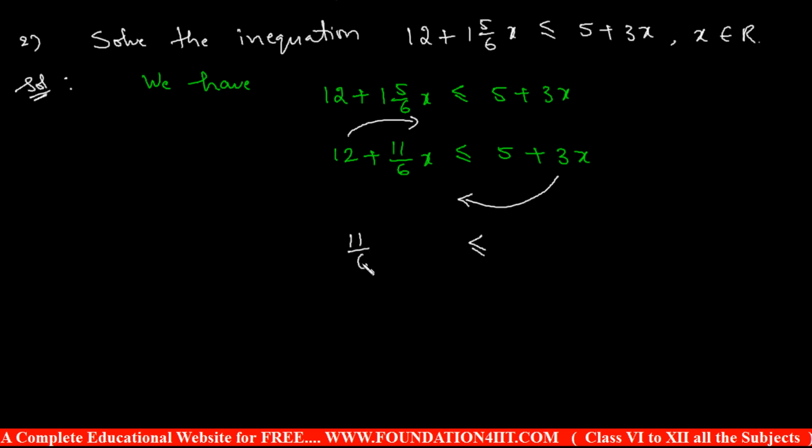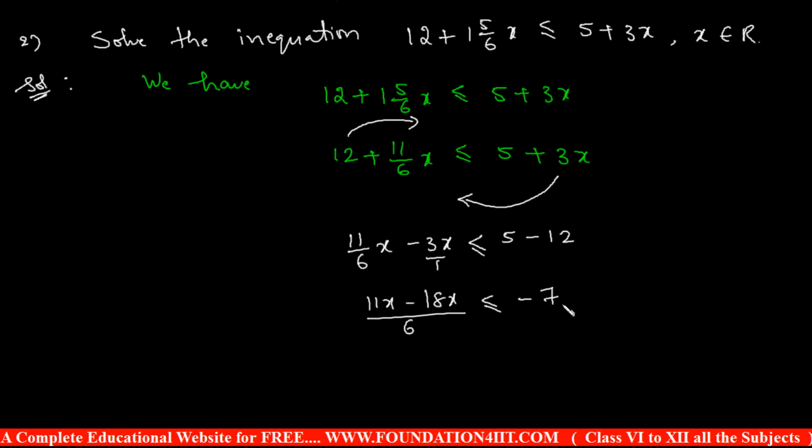So this is 11 by 6x minus 3x, because plus 3x on the right becomes minus 3x on the left. And 5 minus 12 on the right side. We already know the inequality properties we discussed. Based on that, 6 is the LCM, so 11x minus 18x less than or equal to 5 minus 12, that is minus 7.